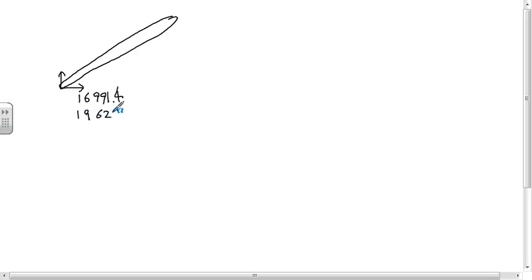And so now we can write the full free body diagram like this. We have a force vector here of 16,991.4, y of 19,620. Up here we have, I'm going to write this as a vector, and you'll see why in a second.